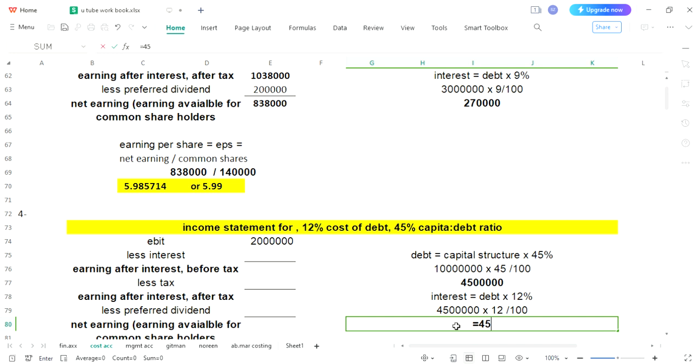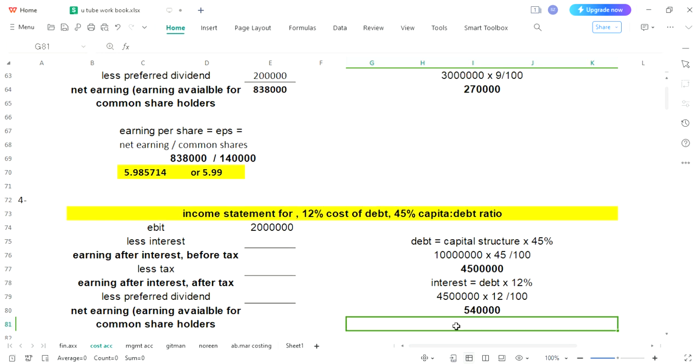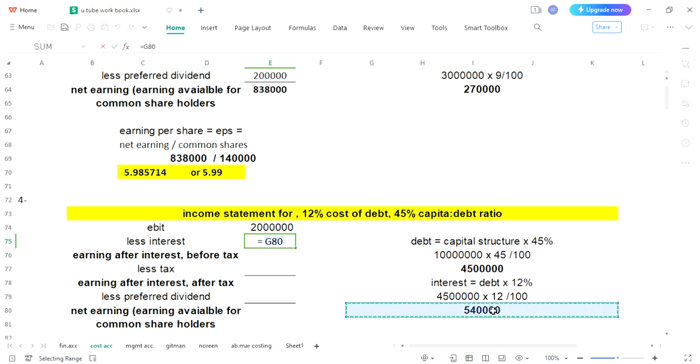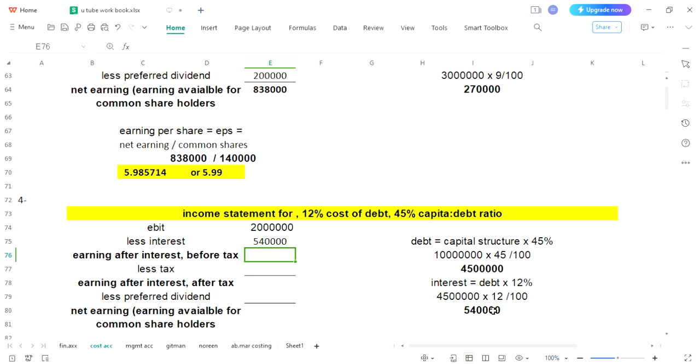The statement has been completed. We are now open to calculate our amount of interest by following the statement. So the amount of interest for the fourth column we have calculated is 5,40,000. Let's put it over here. Amount of interest was calculated 5,40,000.